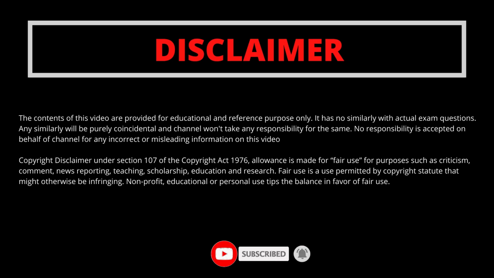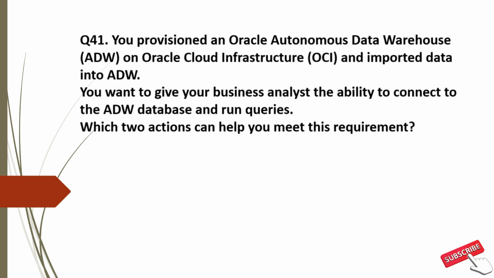Let's start. Question 41. You provisioned an Oracle Autonomous Data Warehouse on Oracle Cloud Infrastructure and imported data into ADW. You want to give your business analyst the ability to connect to ADW database and run queries. Which two actions can help you meet this requirement?